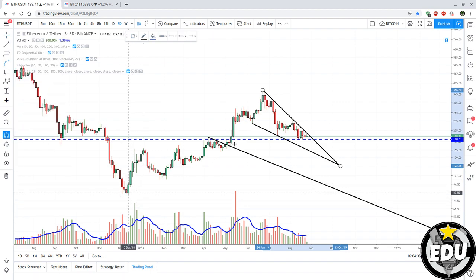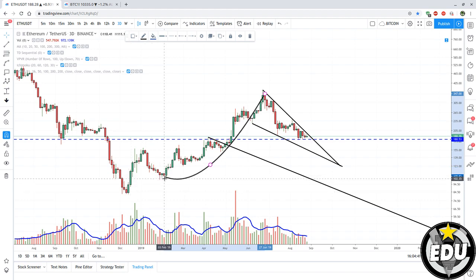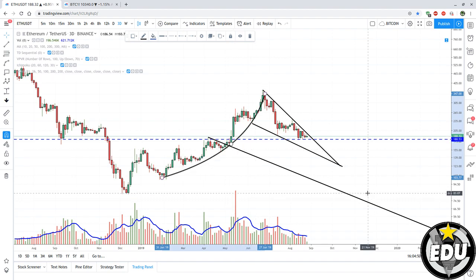When the trend is kind of parabolic, usually the falling wedge works better. So there's another reason why the market might start to move upward when it comes to other altcoins.